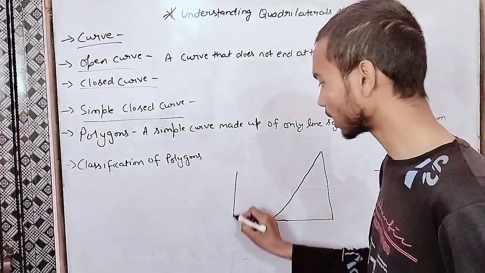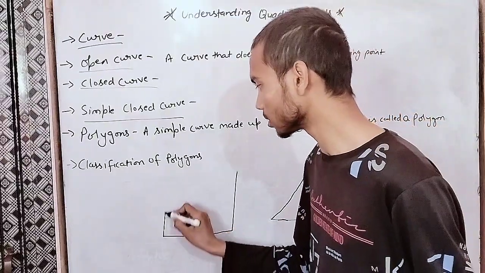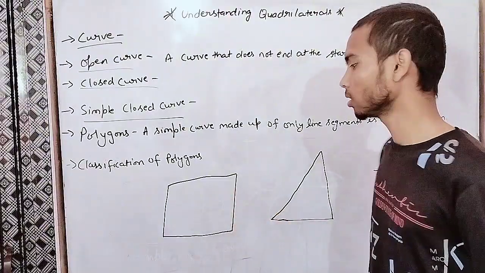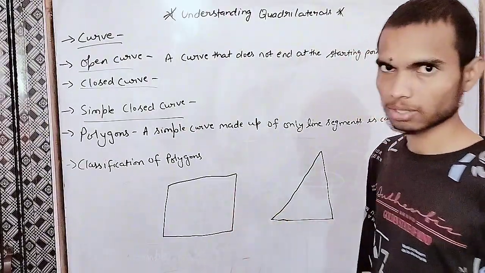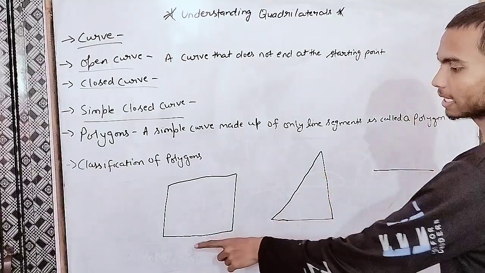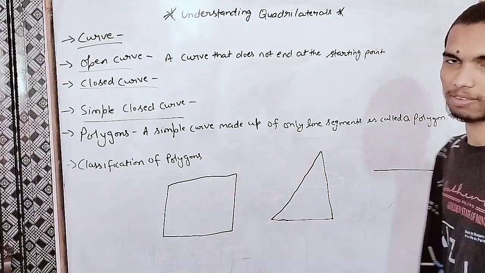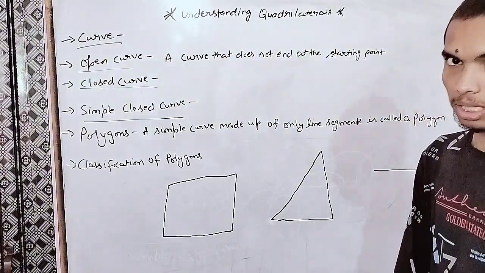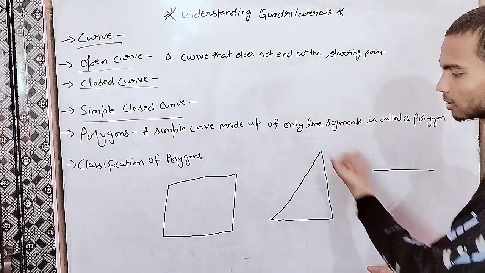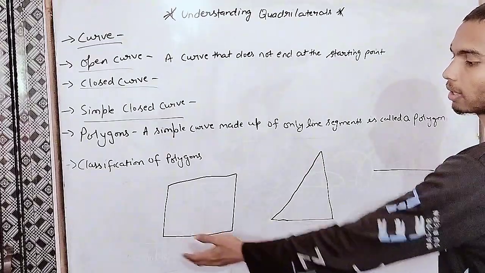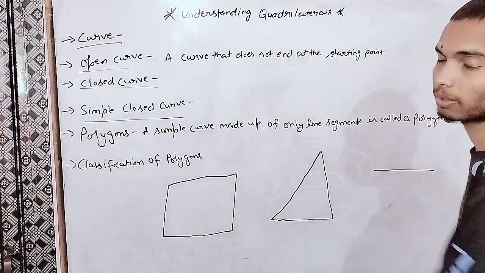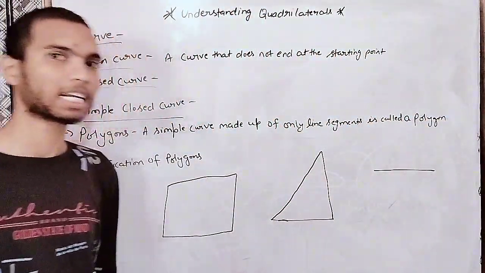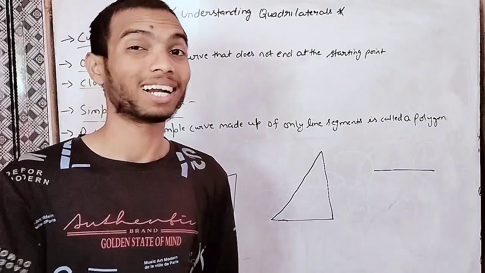Whereas with four line segments, this is one, two, three, and four. In this case we have four line segments, and in this case three. What is the difference? When we create with three line segments, we get a triangle. But when we have four line segments, we can create a quadrilateral. This diagram is said to be a quadrilateral.